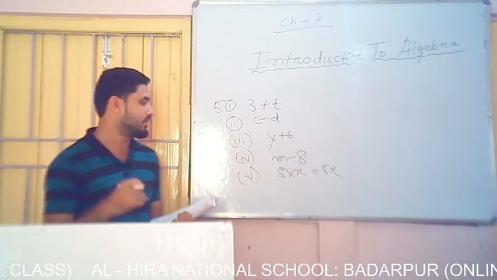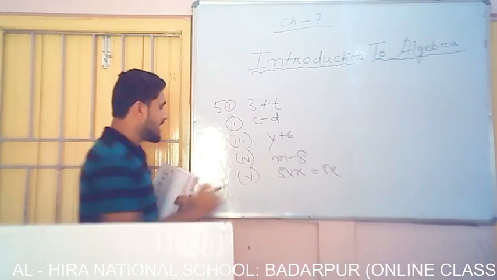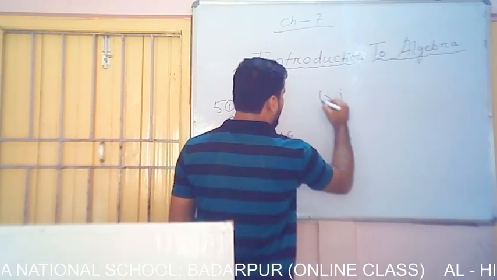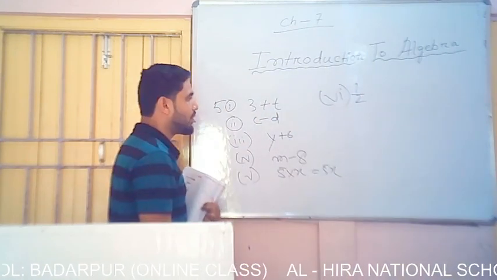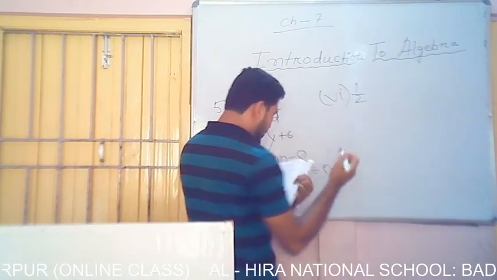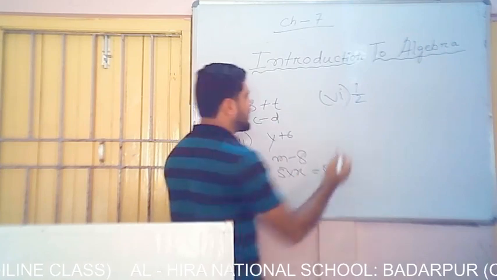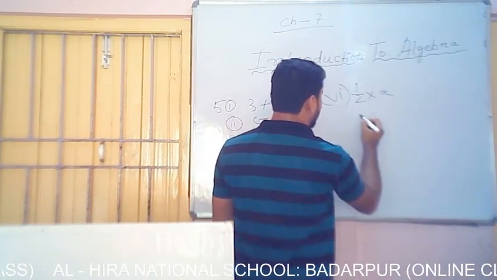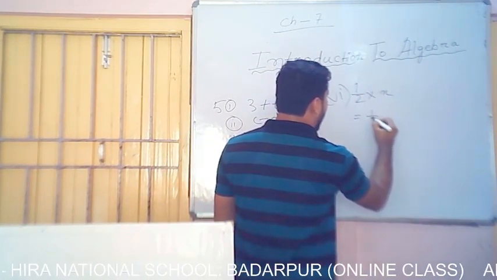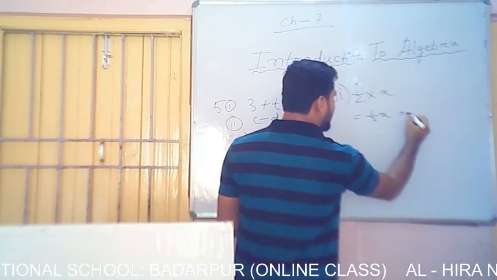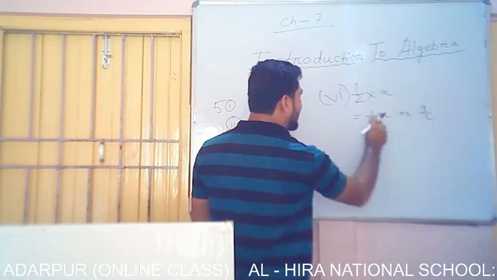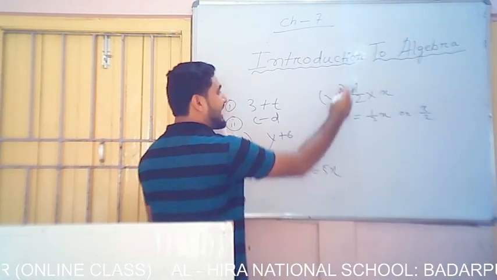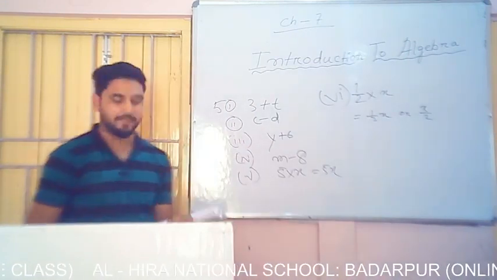So 1/2 of x means 1/2 into x. Simply you can write half x, or you can write x by 2. How? Because x into 1 means x, 2 into 1 means 2.